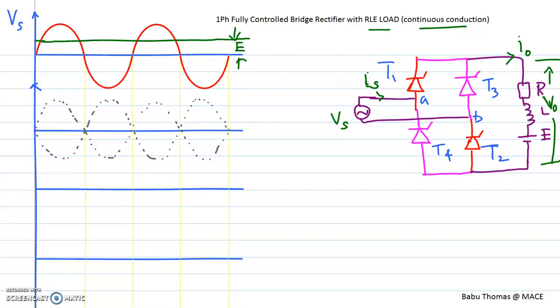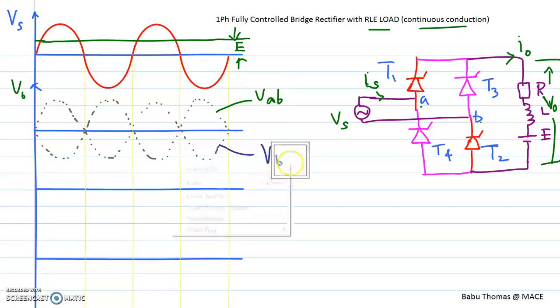So in the case of the output voltage V0, I have plotted two dotted sinusoidal waveforms. One is representing VAB. That is, here you can see that A is positive with respect to B during the positive half cycle, and we have one more waveform which I have plotted down here. That is nothing but VBA, that is, B is positive with respect to A, or else we can say that VAB is nothing but minus of VBA.